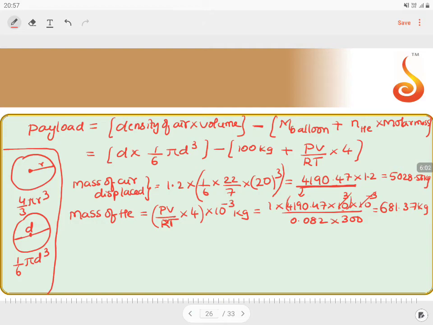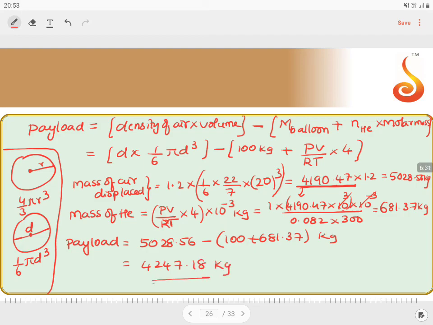Now payload is equal to 5028.56 minus of 100 plus 681.37 kg. When you substitute, we get an answer of 4247.18 kg, and this will be your payload.